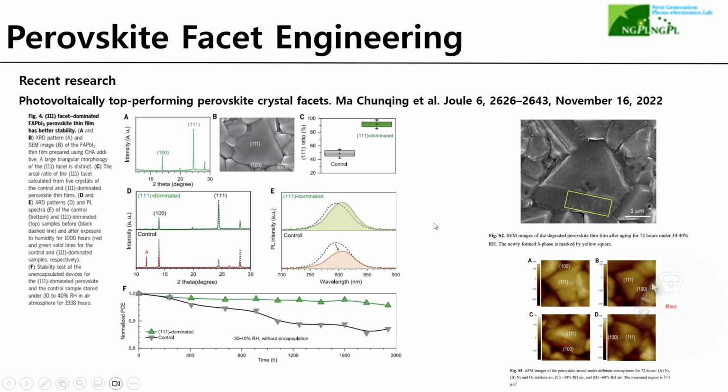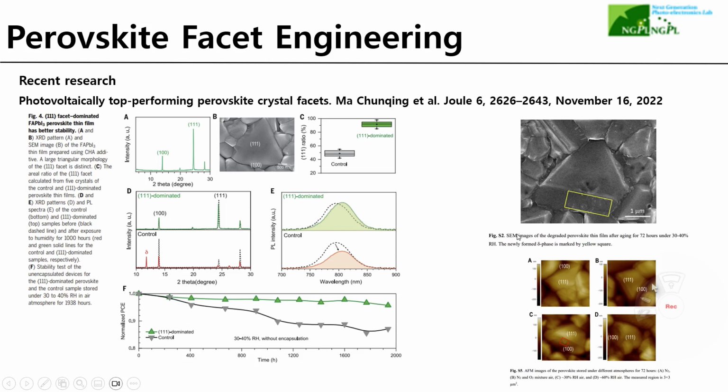And we can know from the SEM image that the 100 perovskite facet has some bubbles on its surface, the yellow blanket.